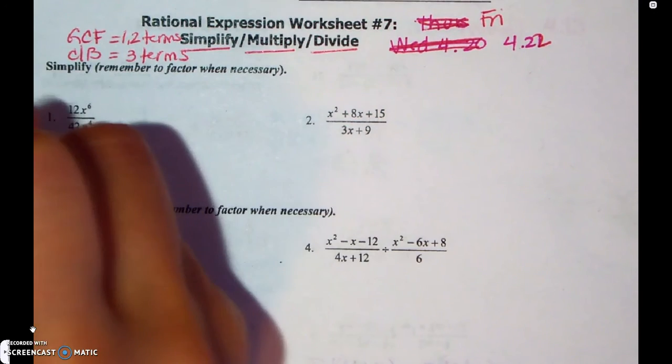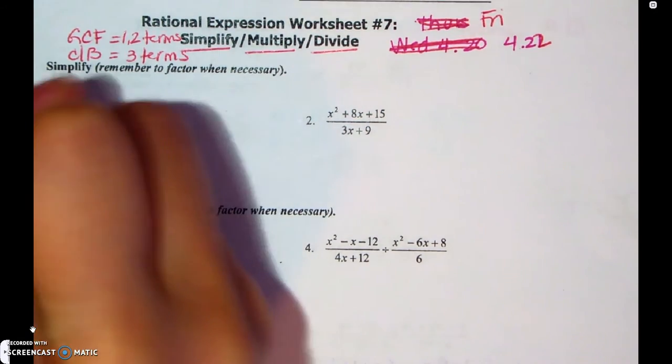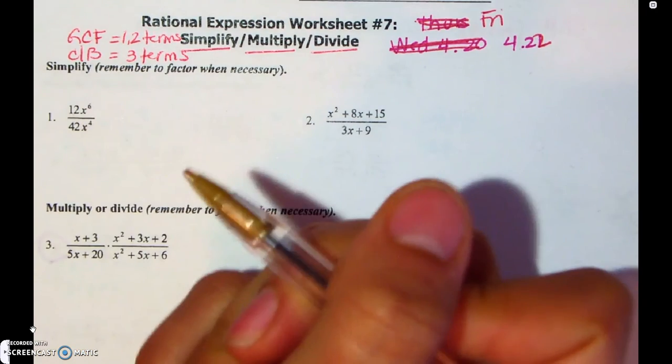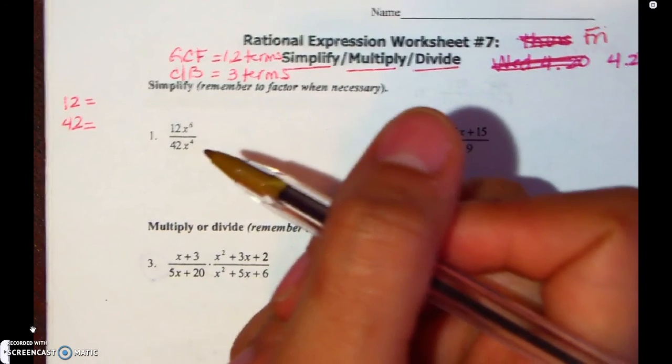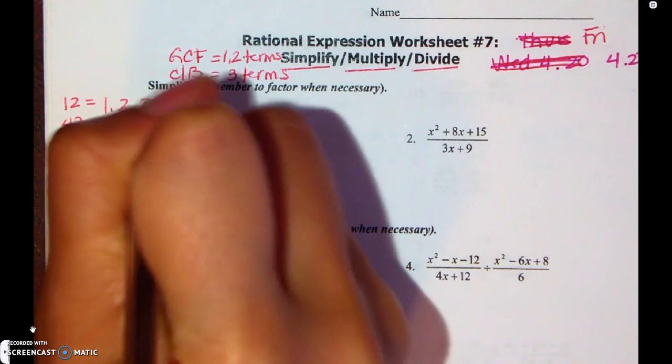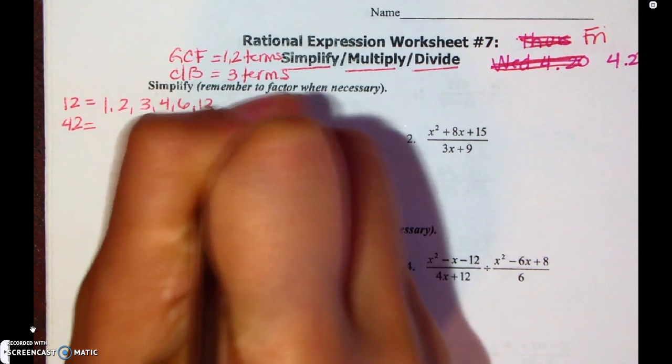The greatest common factor between 12 and 42 is, you guys tell me. We have 1, 2, 3, 4, 6, and 12 as factors for 12.